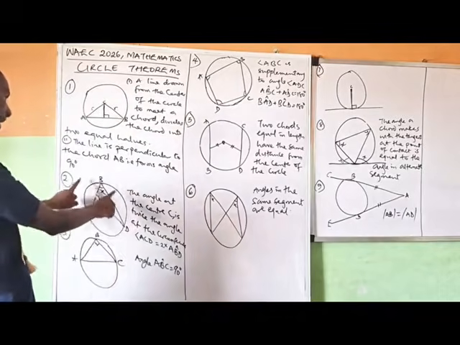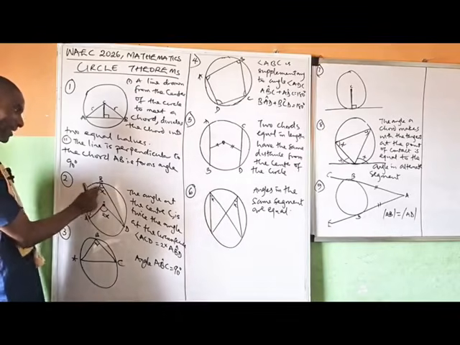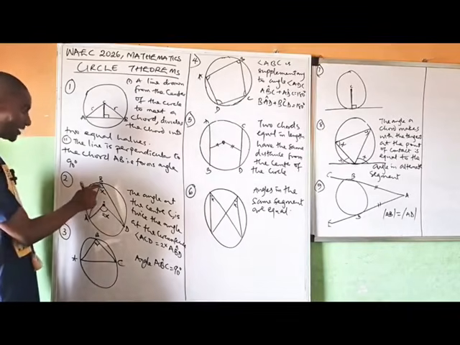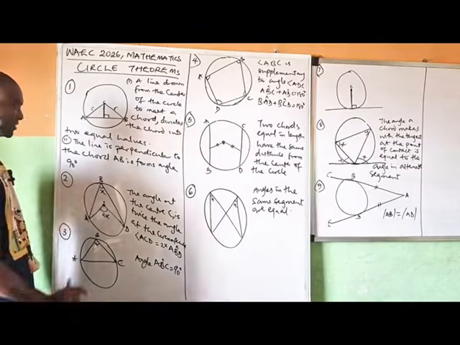Number two, when you have a circle and an angle at the center and at the circumference, the angle at the center is twice the angle at the circumference.